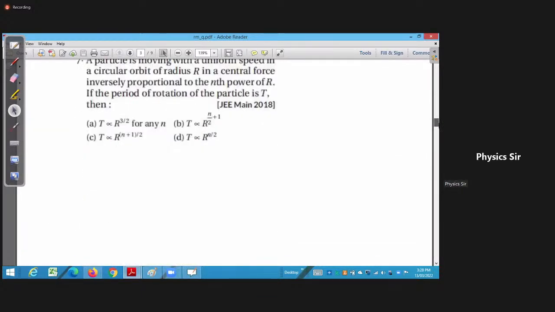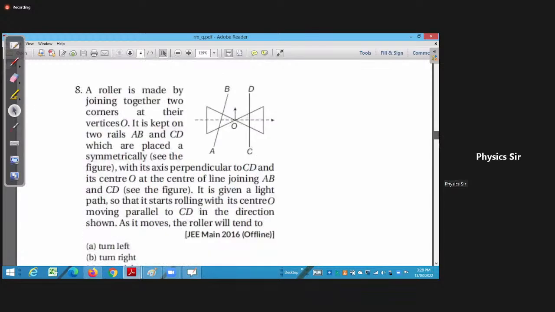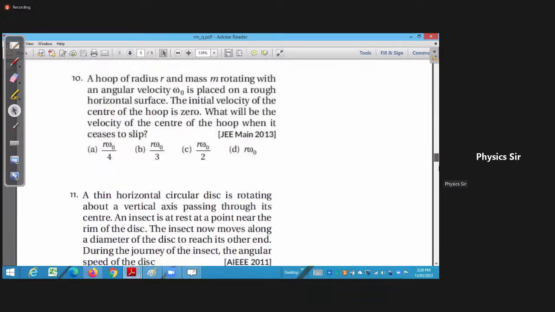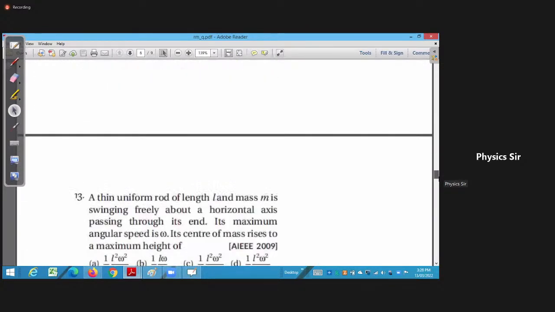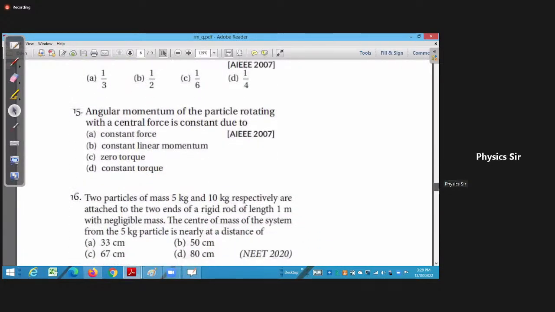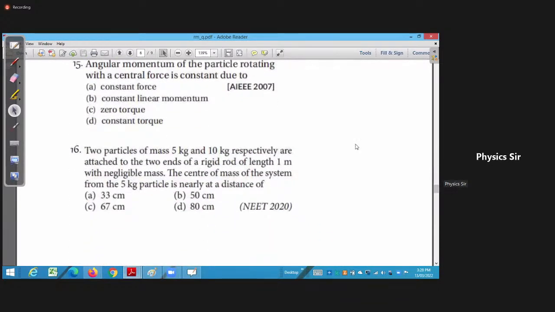Now let me take a question from the NEET paper. Can you see the NEET question? This is my planning for your batch, which I have planned out for you to solve.